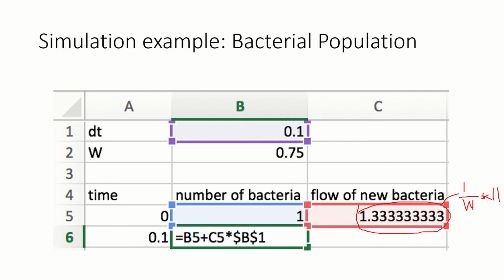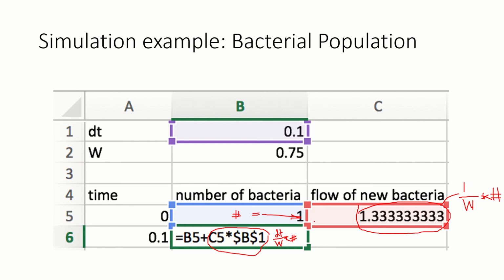So I'll do times number, and that number is this thing here. And then this thing here is DT divided by W times the number of bacteria from the previous row.